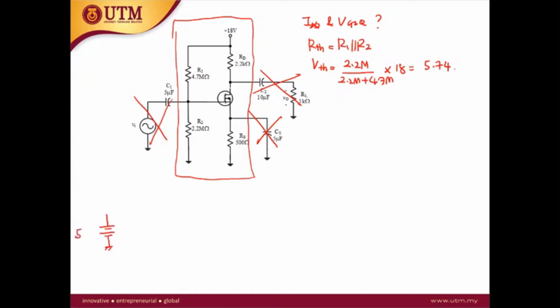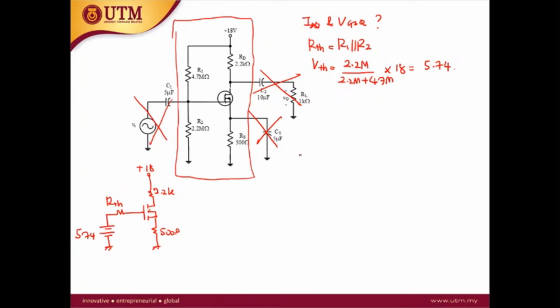So the circuit can be redrawn as something like this. This is RTH, and this is 2.2K. Now you have transformed this circuit.